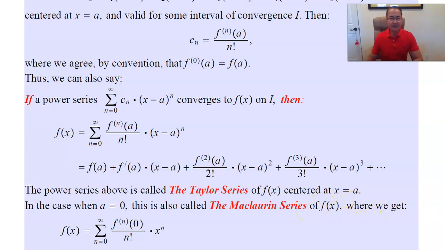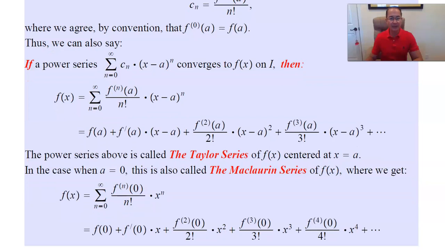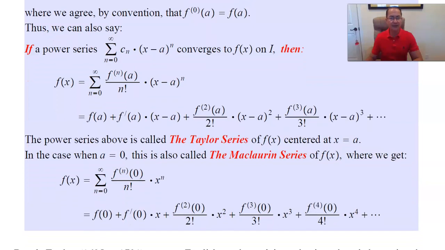The easiest center for any power series, and in particular for Taylor series, is A equals 0. In which case it's called the Maclaurin series of our function. So Taylor was English, Maclaurin was Scottish. And so when A is 0, it makes it shorter because now you have just x minus 0, just x, x squared, x cubed, and so on.